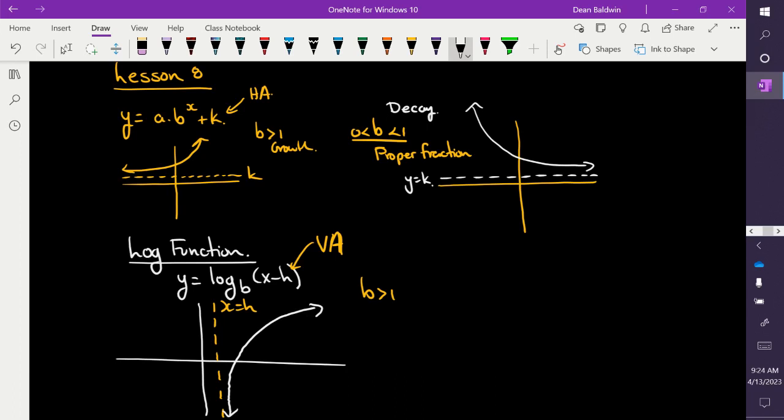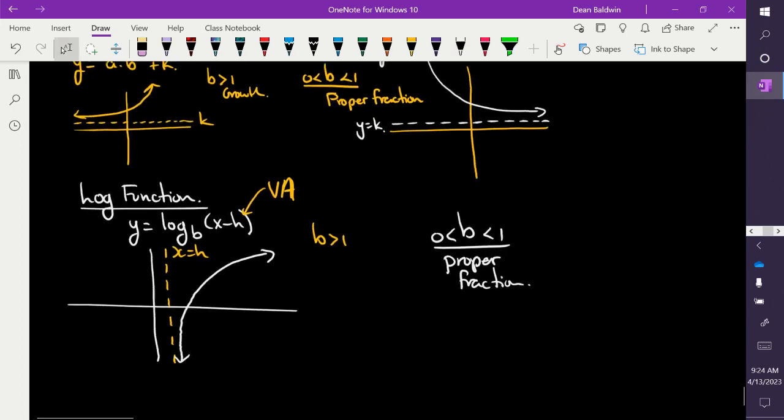Because it's just shifting it up and down. So all I'm focusing on is the base and the h. And then if your b value is less than 1 but greater than 0, in other words, proper fraction, same idea.